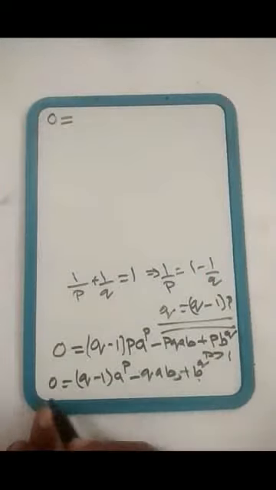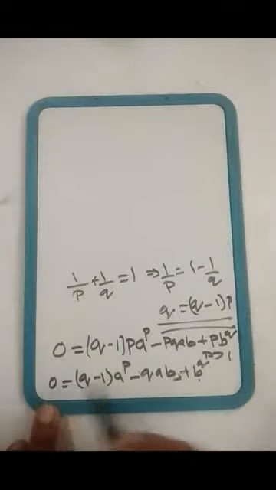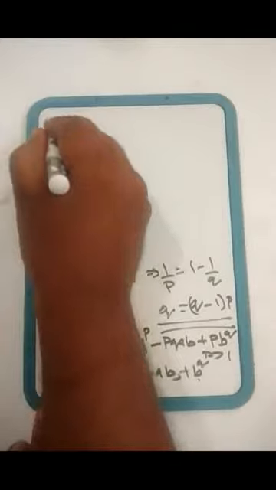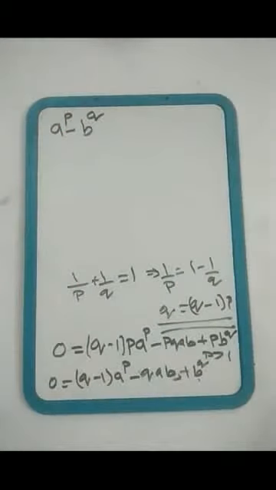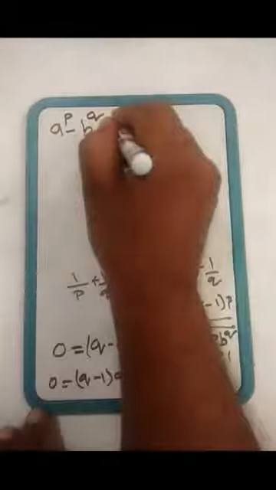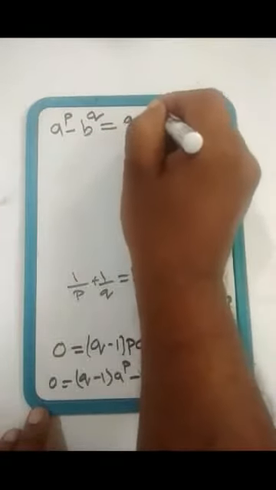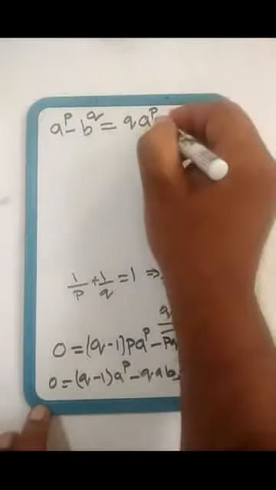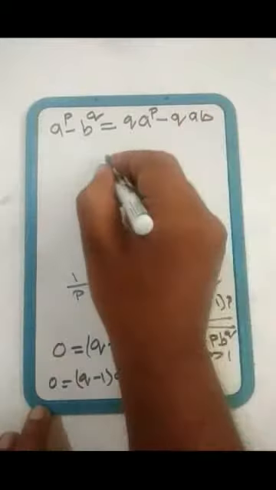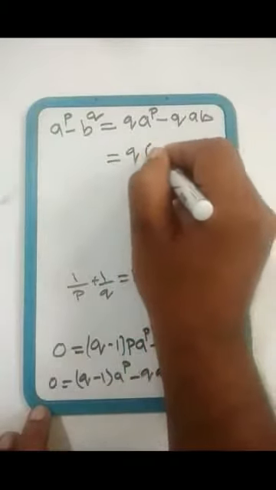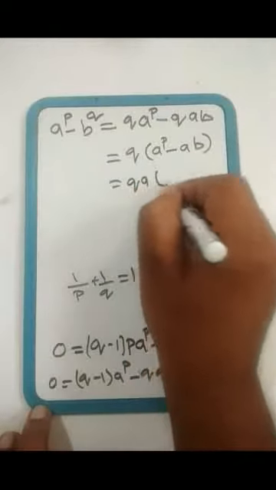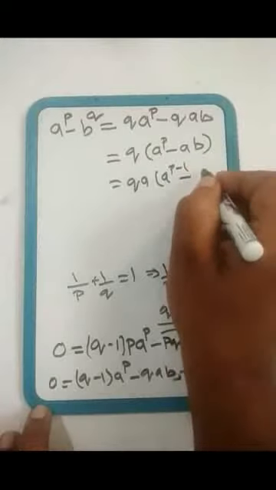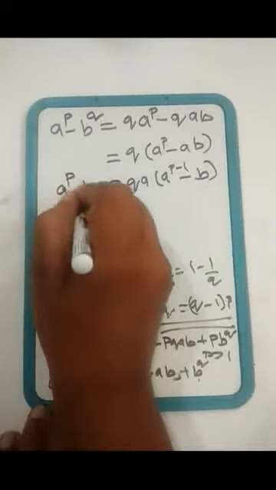Sending b raised to q on the left hand side, sending this term to the side, we have a raised to p minus b raised to q, and this is equal to q times a raised to p minus qab, which is equal to q times a raised to p minus 1 minus b, where qa is common.